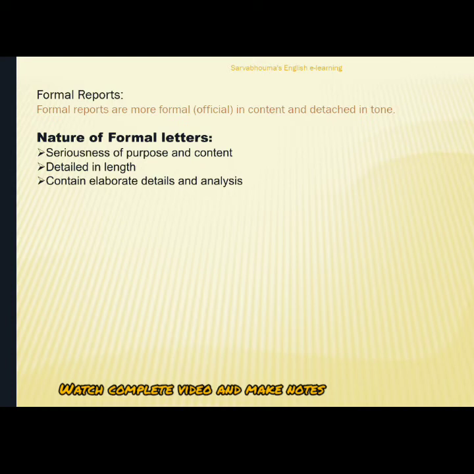Informal reports are not detailed or elaborated, but here we get the detail and lengthiness. Next, contain elaborate details and analysis. It is the most important thing. It contains elaborated details and analysis.